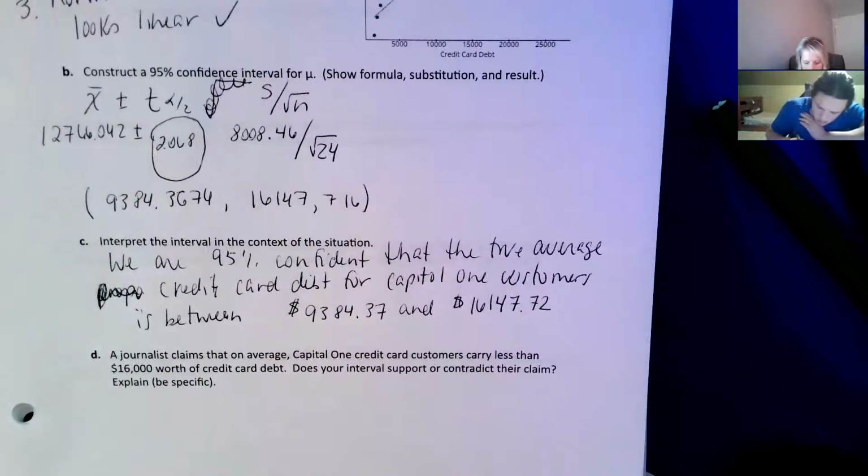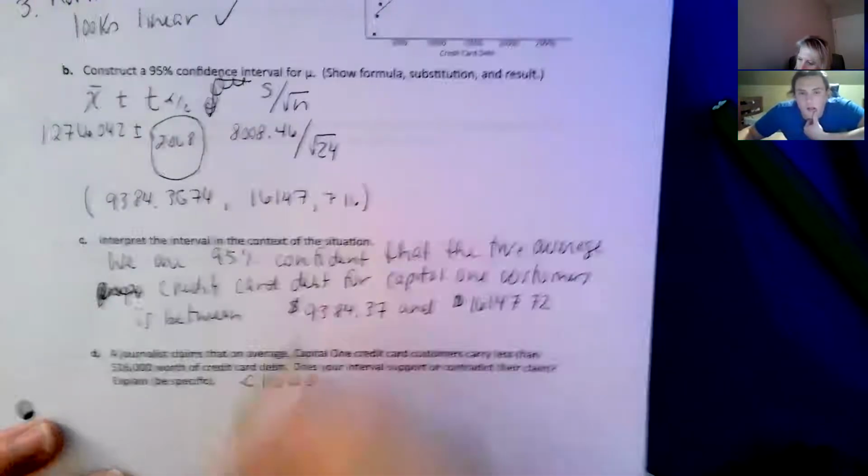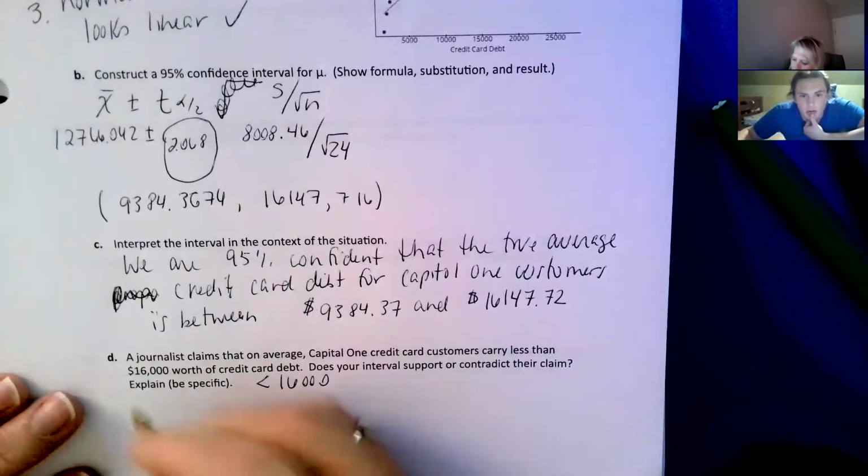And last but not least, it says a journalist claims that on average, Capital One credit card customers carry less than $16,000 in credit card debt. Does our interval support or contradict that claim? It contradicts. And why is that?